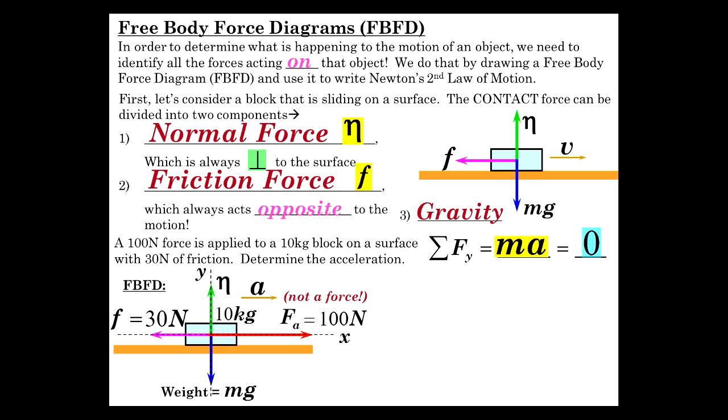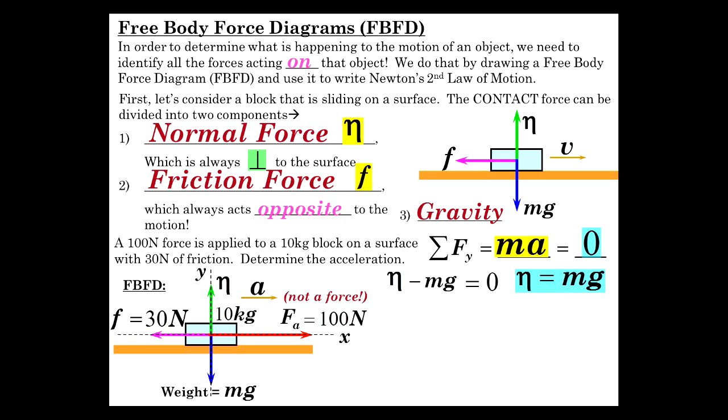What does that tell us? We can take this force minus this force and equate it to zero. Normal minus mg equals zero. Therefore, it holds that the normal is equal to mg. Now, this is a useful idea. Normal equals mg. It won't always be true, but in a simple situation, block on a flat surface, that's it.